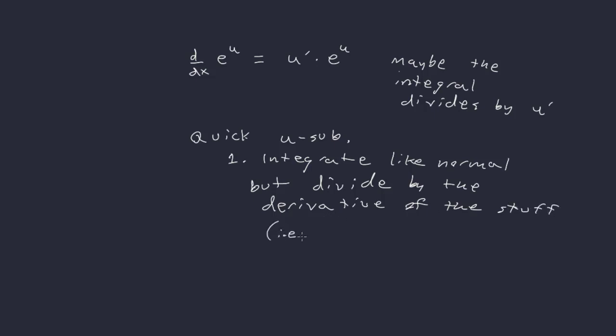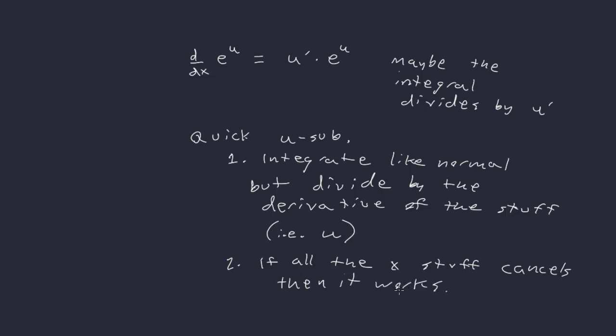Then step 2: if all your x junk cancels the way it should, and it's better to just look at an example to see what I mean by that, but if all the x stuff cancels, then it works. Okay, so I think it's easiest to look at an example.